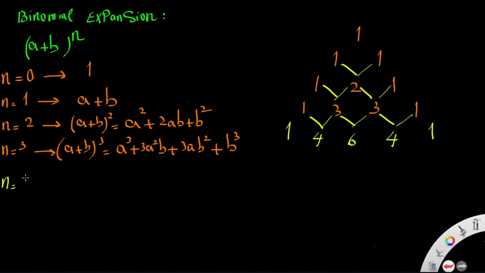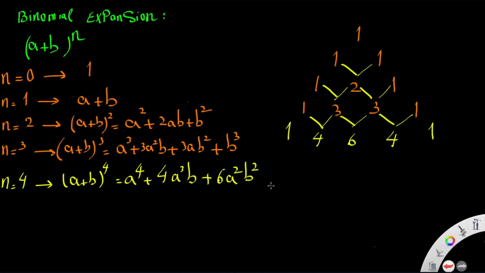Now expansion for n equal to 4 as the power will be a to the power of 4 plus 4a to the power of 3 b plus 6a to the power of 2 b squared plus 4ab cubed plus b to the power of 4.